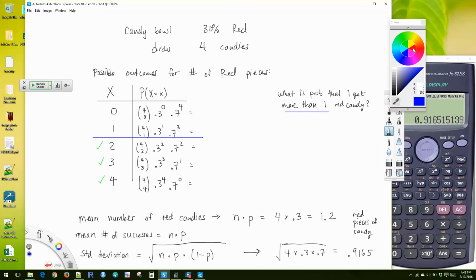Okay, so I'm going to write 2 ways to solve. We have the direct way, which is the probability that x is 2, plus the probability that x is 3 red candies, plus the probability that x is 4 red candies. This is one way to answer the question: what's the probability that I get more than 1 red candy? I add up these 3 numbers. That's the direct way. The other way is the complementary way.